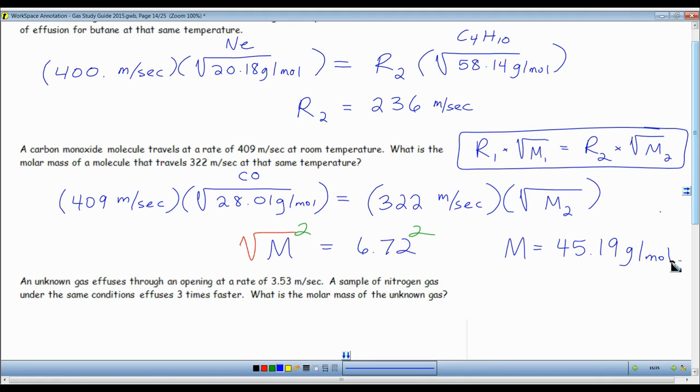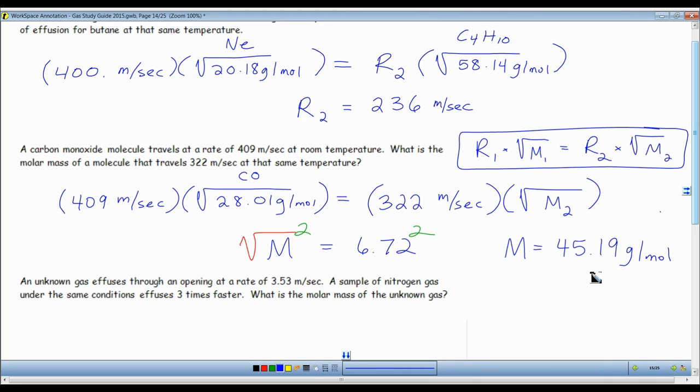Love it. Now, I don't know the identity of the gas. I mean, this gas, it could be anything. Maybe they would say something like, this is an unknown diatomic gas, or this is an unknown noble gas. And if you could solve for this bad boy right here, this molar mass, then you could go to your periodic table and match it up and identify the gas.